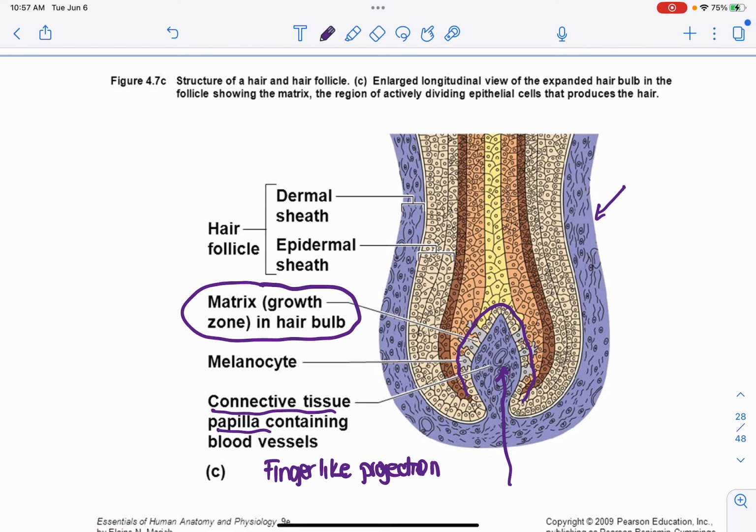This is where the dividing cells are located, kind of like in the stratum basale. And that is what is going to produce all of the cells to make the hair. So the stem cells and the melanocytes are going to reside in this matrix, all right? And again, this is what is going to produce the cells that will make the hair.